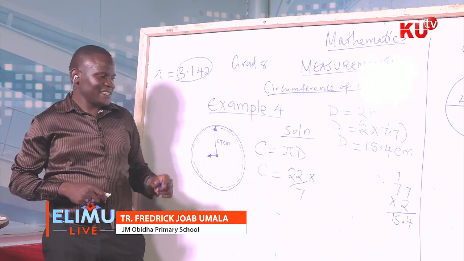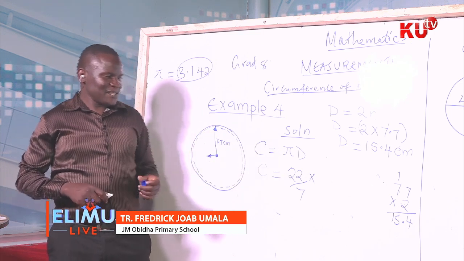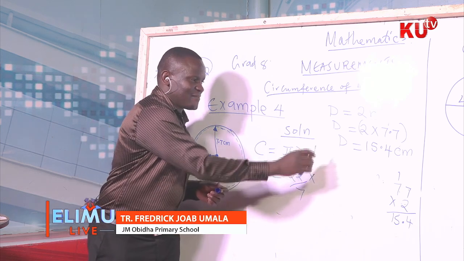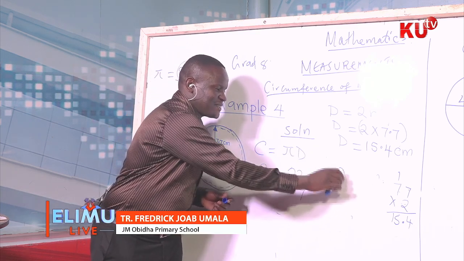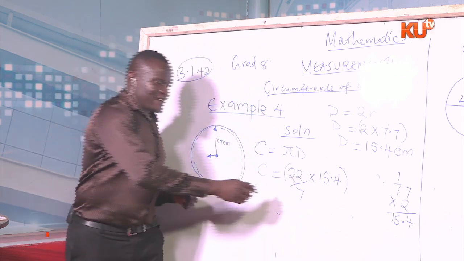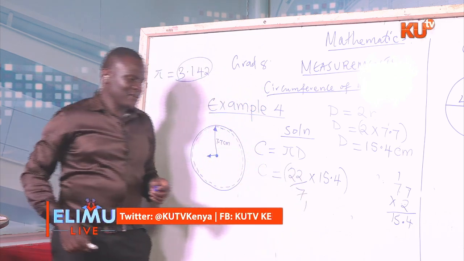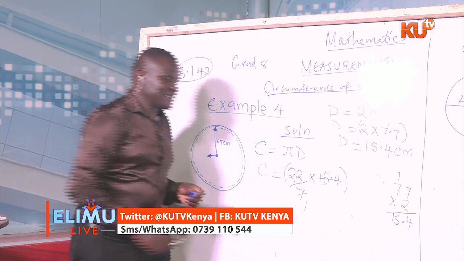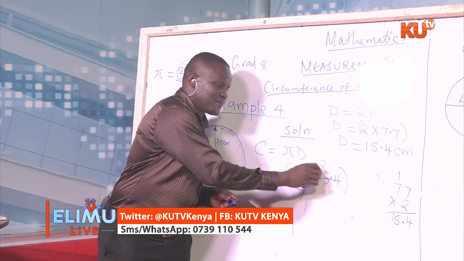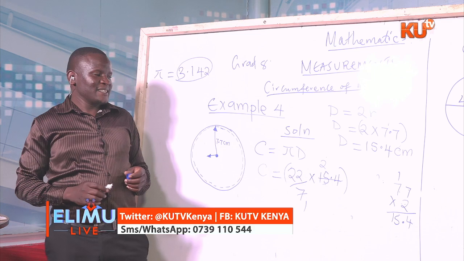Circumference is equal to pi d, where our pi is 22 over 7. By now our diameter is 15.4. 7 will go into 7 once. 7 will go into 15 2 times, which gives us 14.